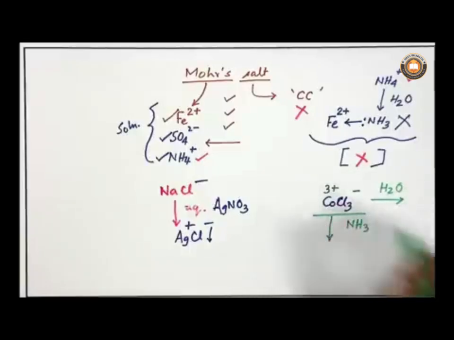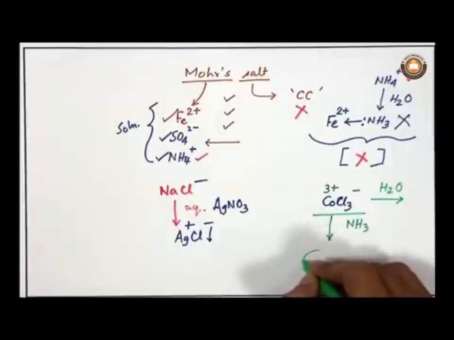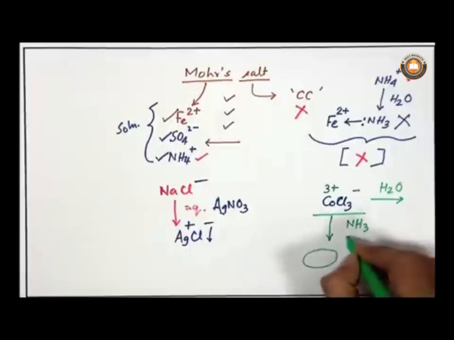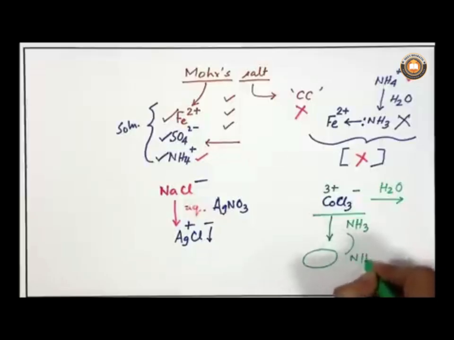The formula of this particular salt remains intact, but these ammonias are also strongly bound, and not only a single ammonia, but several ammonias will be bound to this particular species. That means these ammonia molecules are entities directly attached to the cobalt center.